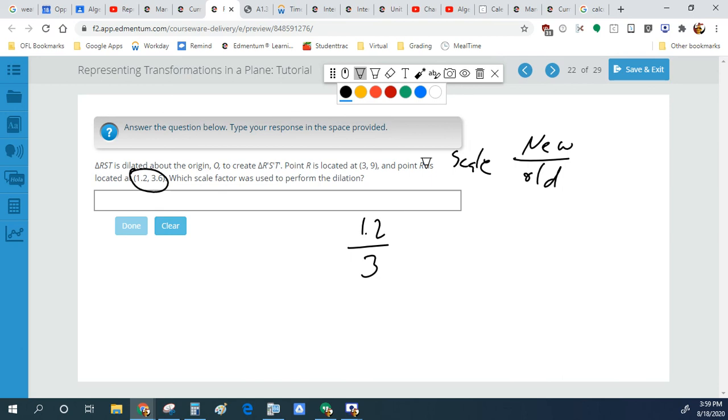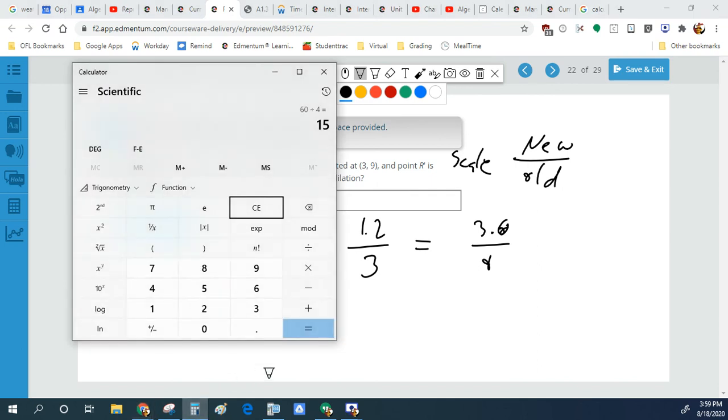And we can verify this by double checking if this works. If these two are equal, then it is scalable. So let me pull out my calculator. 1.2 divided by 3, 0.4. Let's double check if that's right. Yep, 0.4. So that means our scale factor is 0.4.